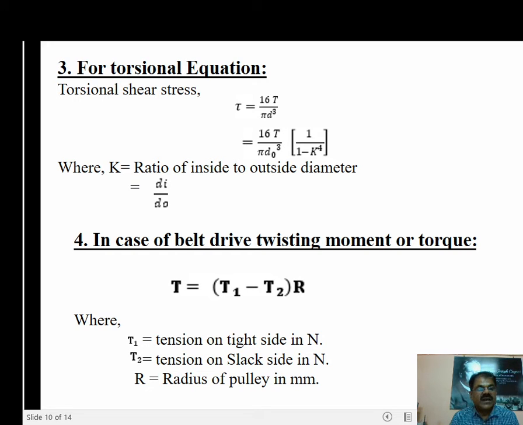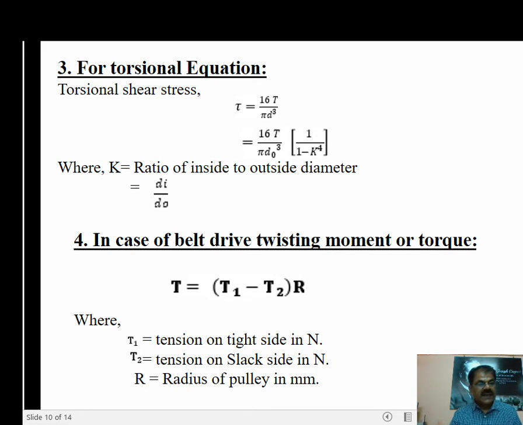Another is 16T divided by pi d naught cube into bracket 1 minus k to the power 4, where k is the ratio of inside to outside diameter. Therefore k is equal to di divided by d naught.